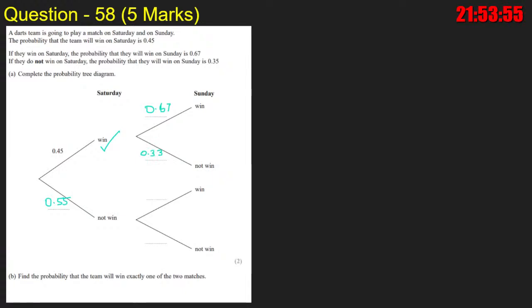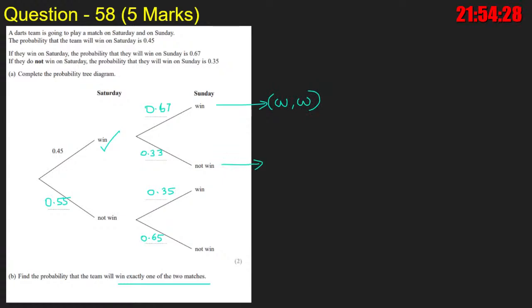right? So the next one, if they do not win on Saturday, the probability that they will win on Sunday is 0.35 and this one is 0.65, right? And find the probability that the team will win exactly one of the two matches. So this branch is a win-win situation.